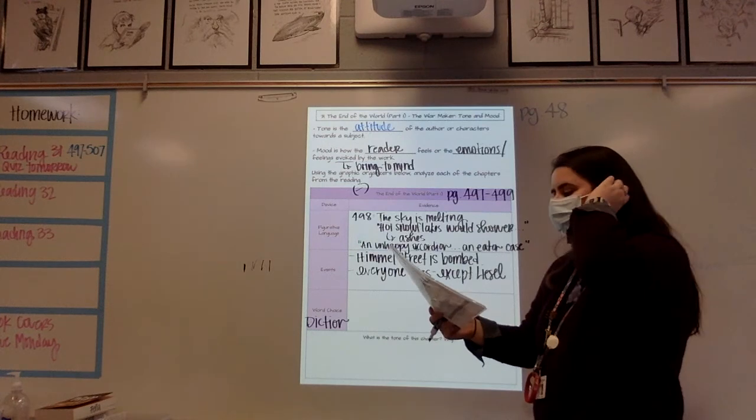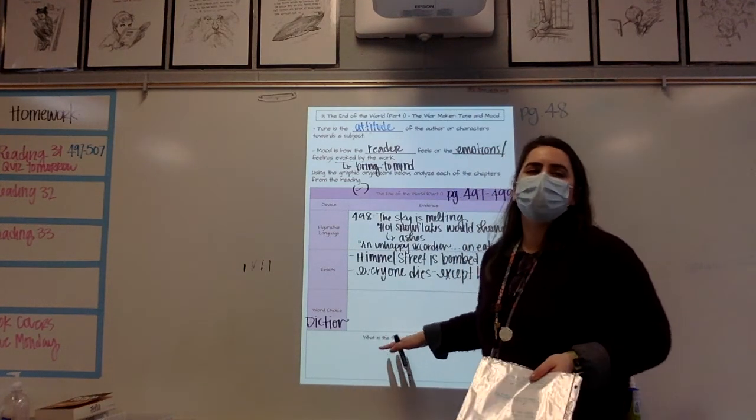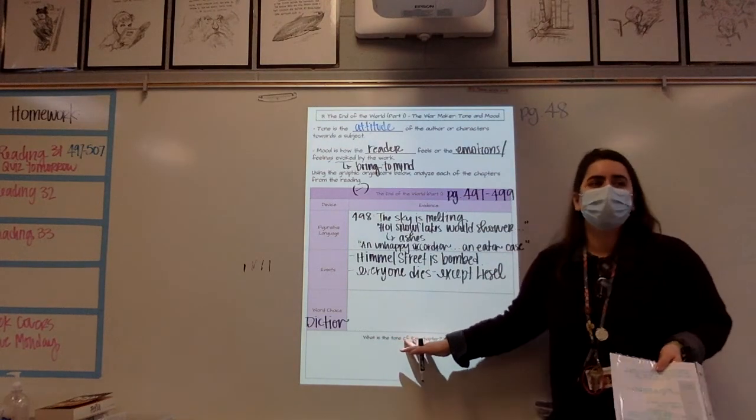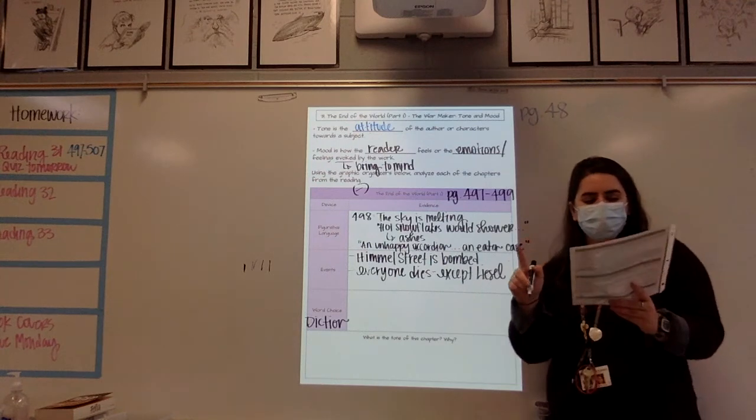Okay, we're almost done with this first one. Now, there are lots of examples of diction in this section. It's any time the author chooses a certain word. So I'm going to give you one example.